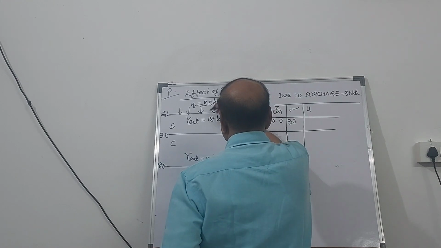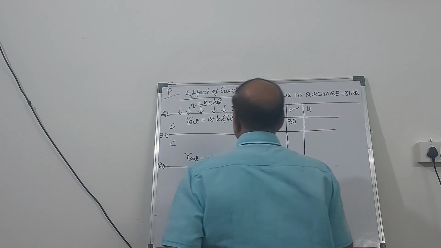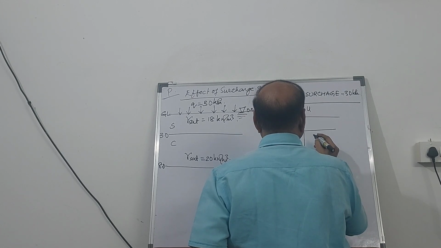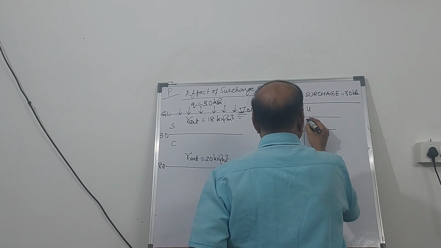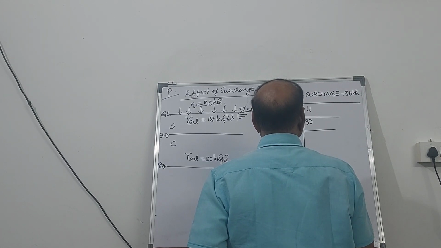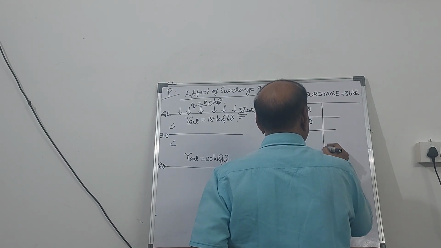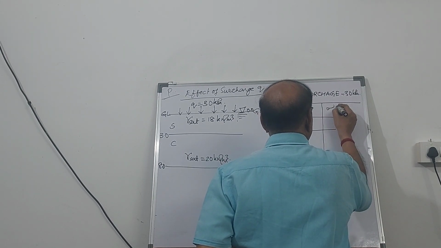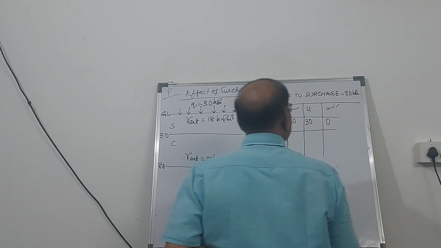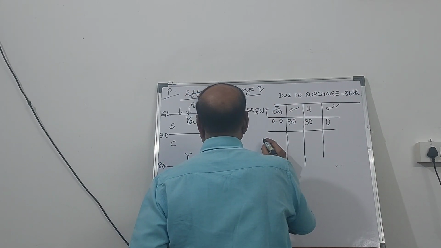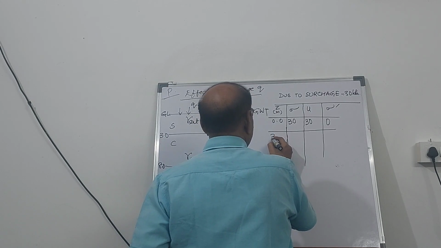So immediately the pore water pressure will shoot up. The pore water pressure is going to be 30 kilopascal. And therefore, the effective pressure is the difference of the two, 30 minus 30 equal to 0.